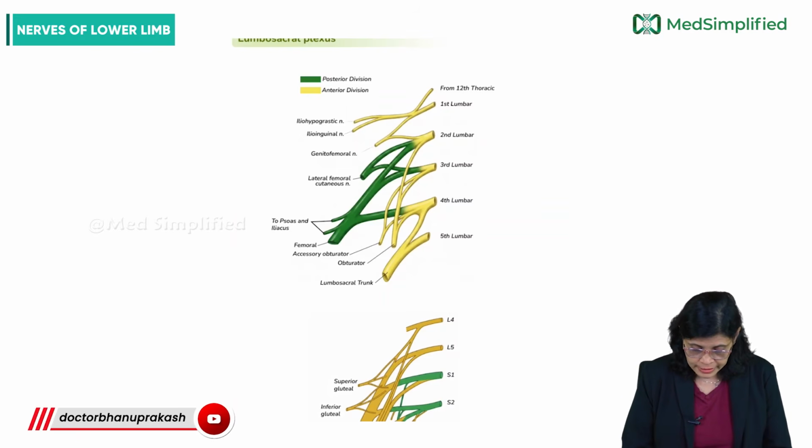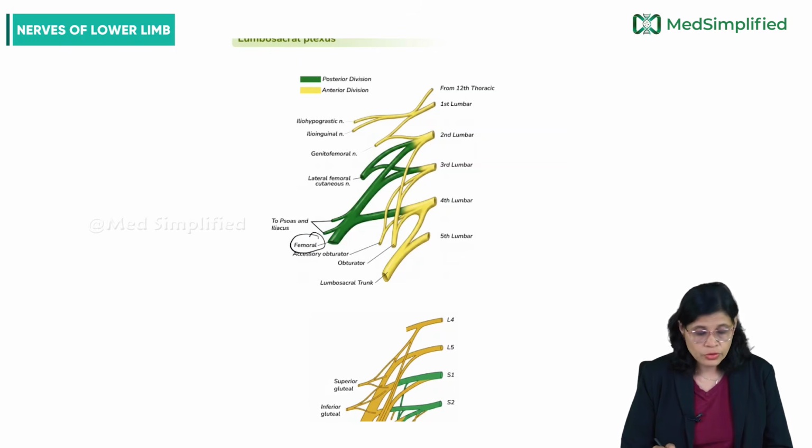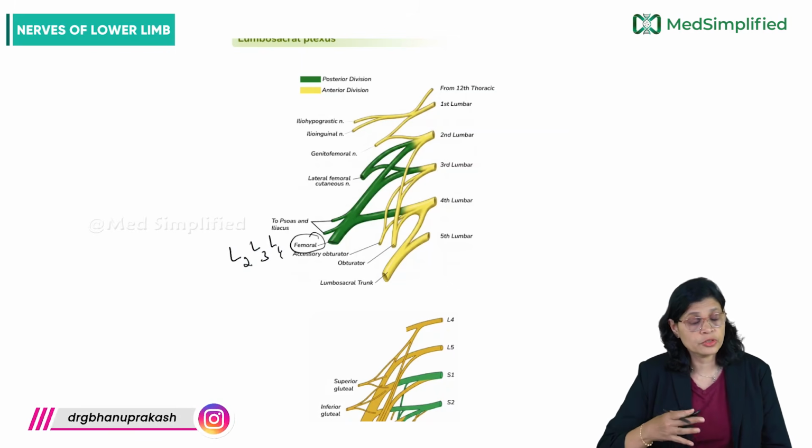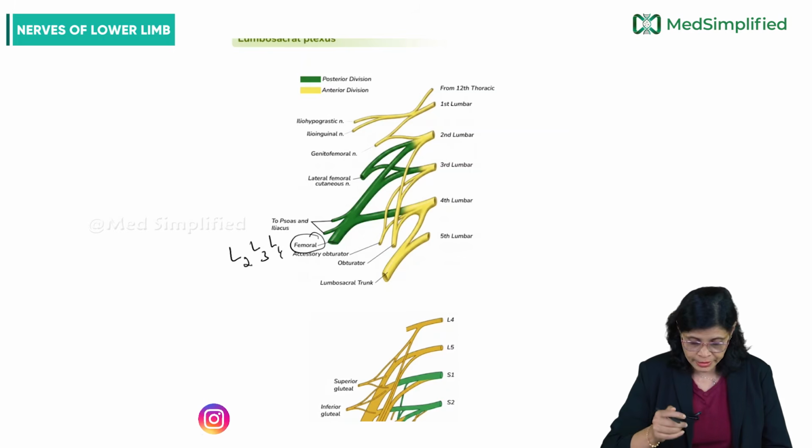So the first nerve, the femoral nerve, is formed by the posterior divisions of the ventral rami of L2, L3 and L4. The posterior divisions of the ventral rami of L2, L3 and L4 join together to form the femoral nerve.